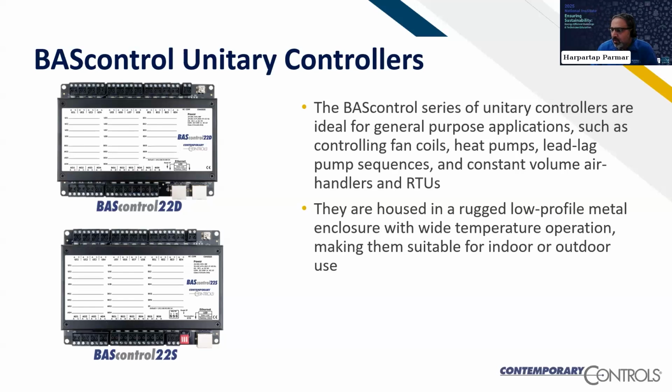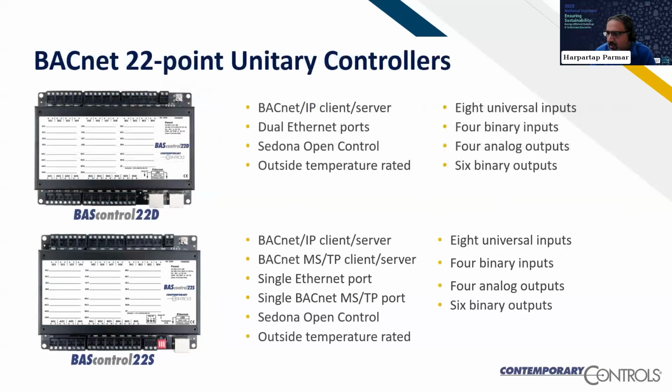These are rugged, low profile, housed in metal enclosures. They are suitable for indoor or outdoor operation because they are wide temp, operating from -40 degrees C to +75 C. And there are two basic versions of these controllers.